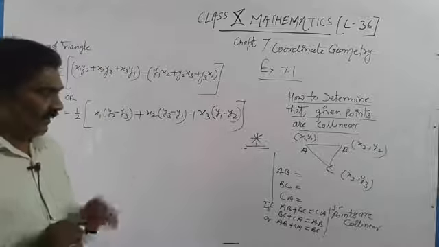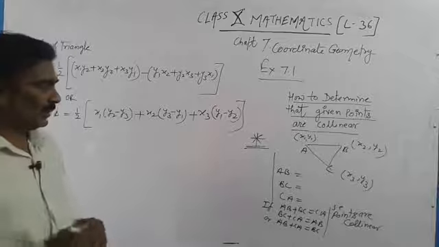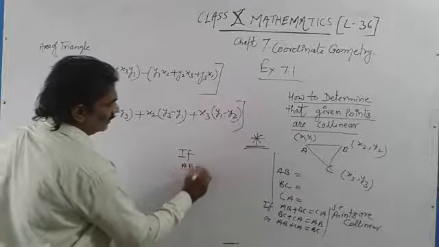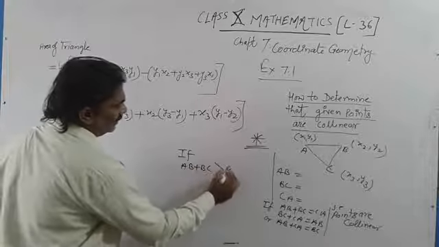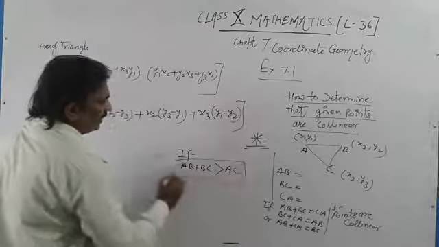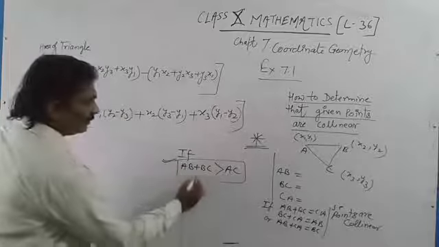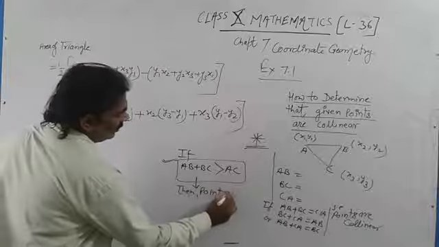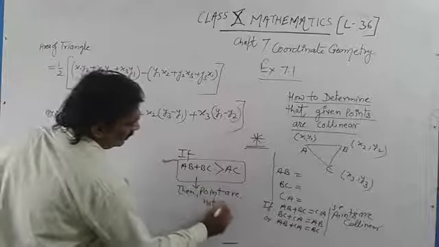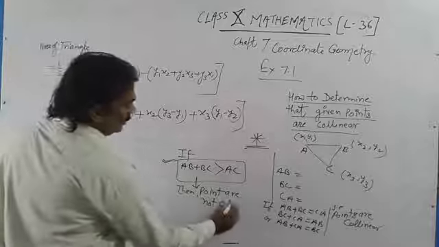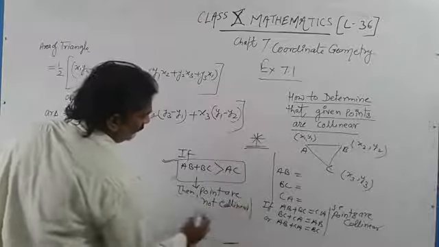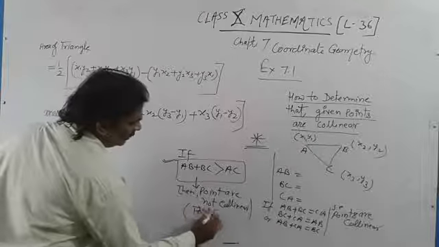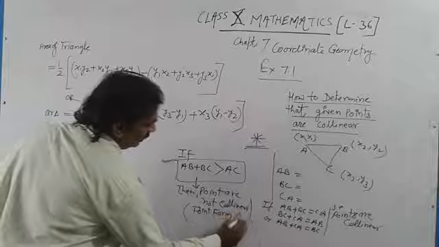And if you have AB plus BC greater than AC, then the points are not collinear, because the points form a triangle.